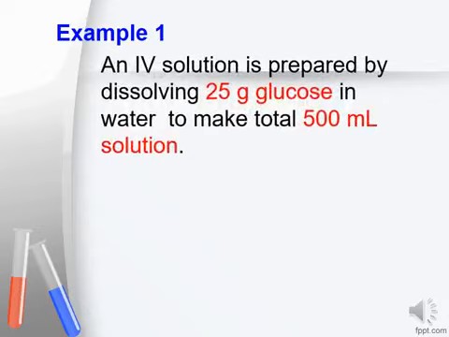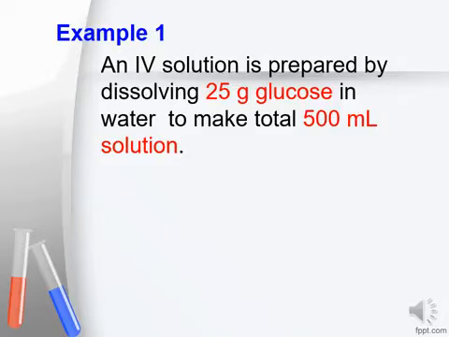Here, an IV solution is prepared by dissolving 25 grams of glucose in water to make a total of 50 milliliter solution. The solute is in grams, so it is solid and measured by weight.